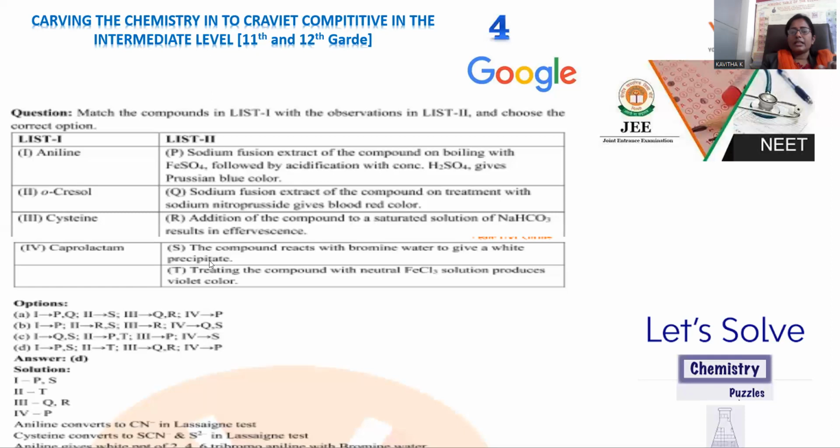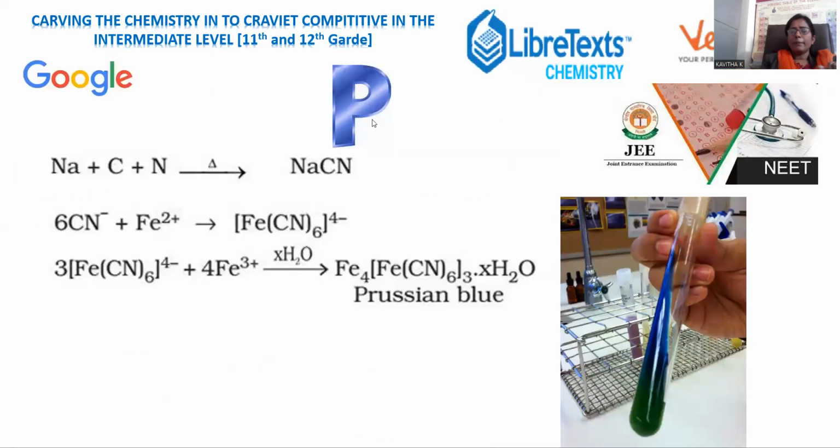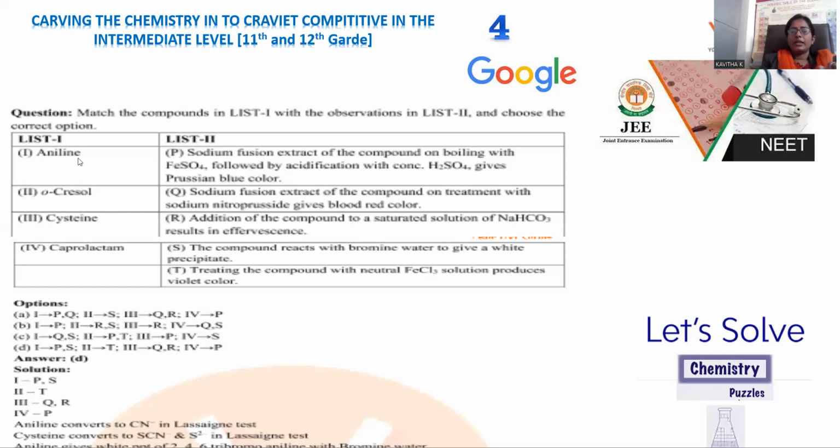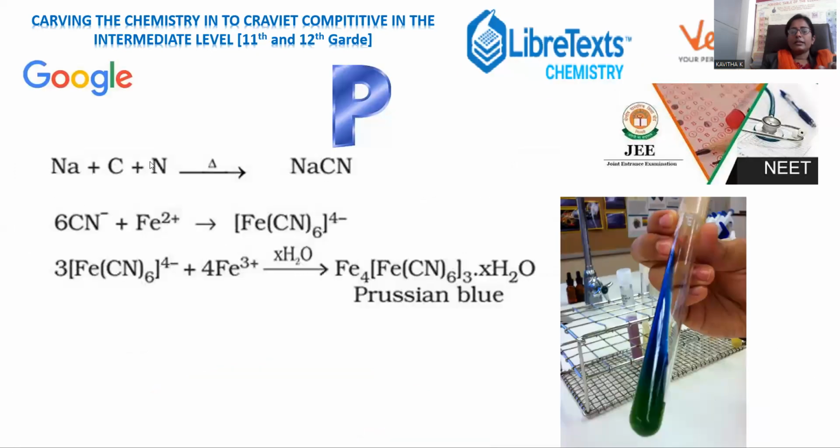Let's see the detailed explanation about that one. P, P for what? P for aniline. If we are taking aniline, aniline is a benzene with NH2 functional group on its surroundings. So the sodium fusion extract contains sodium metal, which we are adding. And being an aromatic compound it contains carbon, and aniline contains NH2, in that nitrogen will be there.